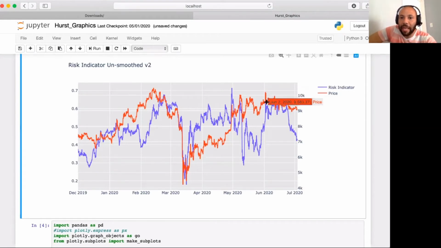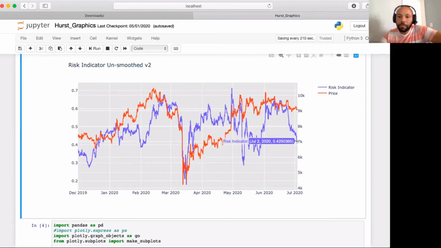Since that time, price has still been confined, but largely trending downward. And this risk indicator recently has continued to drop further and further and now currently sits at approximately 0.42.